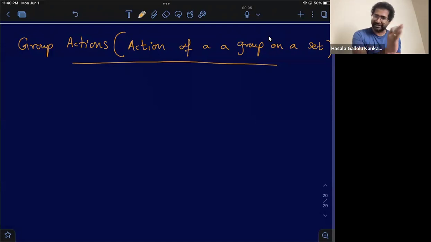Now, group actions. This story is very simple. If you think about a triangle, there are many examples that you can come up with. You can come up with a very simple observation.